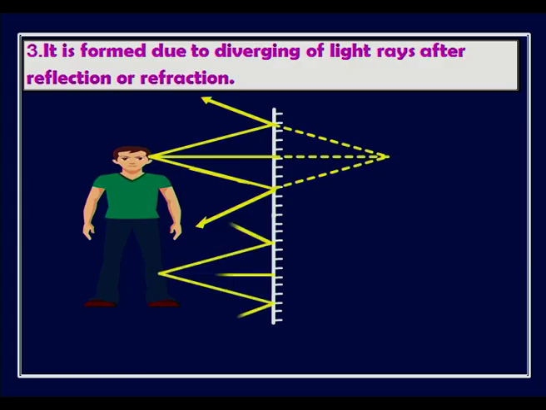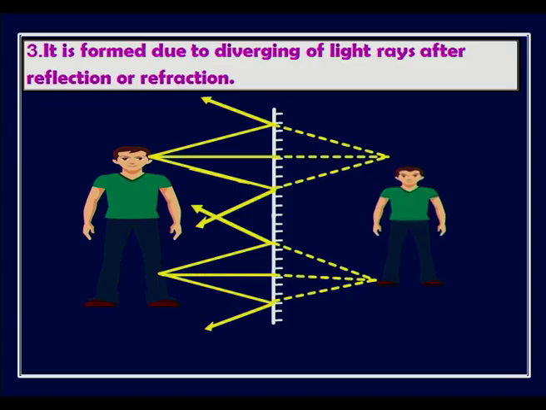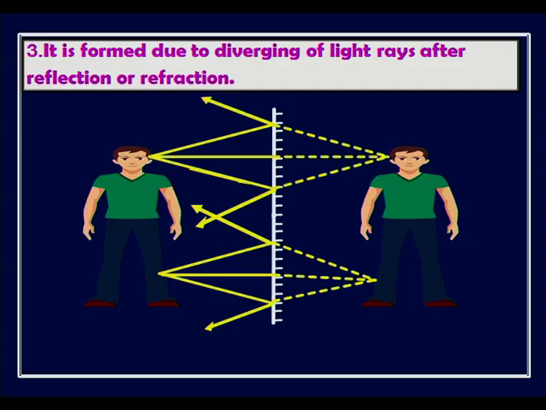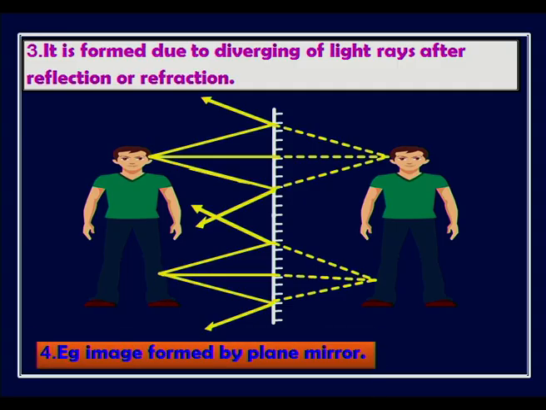Light rays from the bottom of the object travel toward the mirror and undergo reflection. For the observer, these rays appear to be coming from this point. So, the image is formed at this point. Here the light rays appear to be diverging from a point. So, it is a virtual image. A virtual image is always erect. An example of a virtual image is the image formed by a plane mirror.